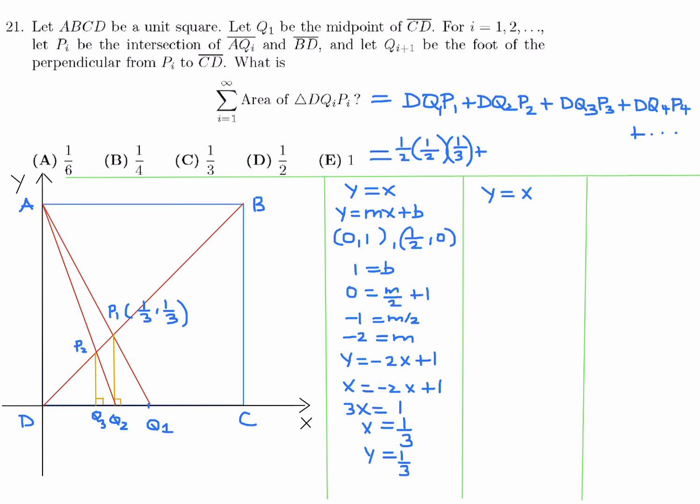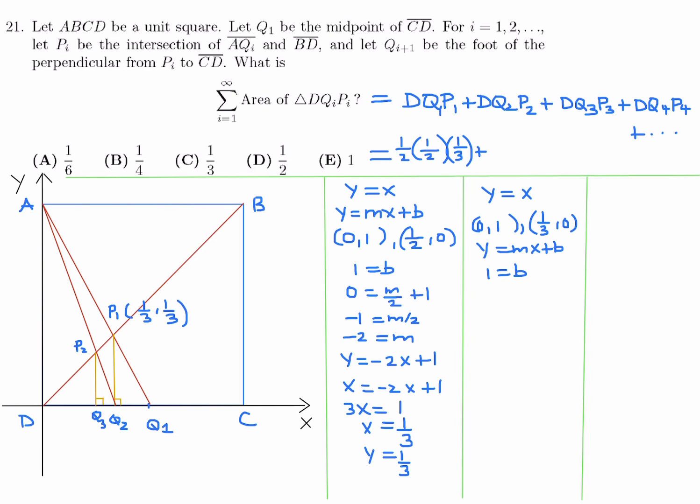So the points this time: 0, 1, again, A, and the coordinates of Q2, that is 1/3, 0. All right, since you are an expert, we can do this quickly. y = mx + b. Put in the first one, and you get 1 = b.